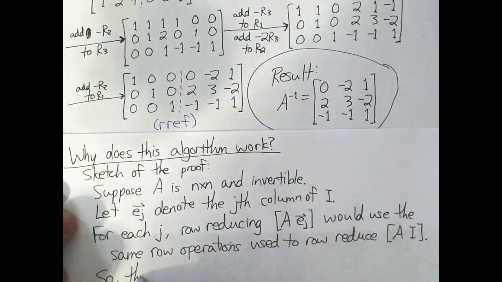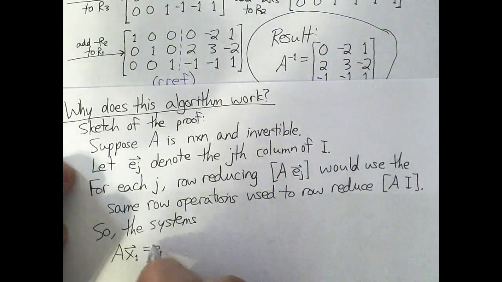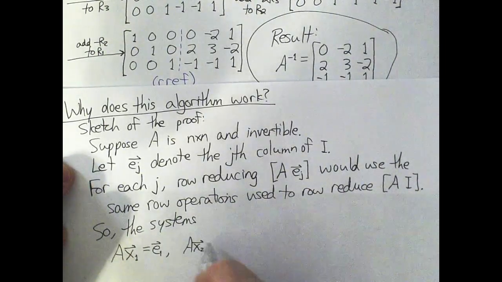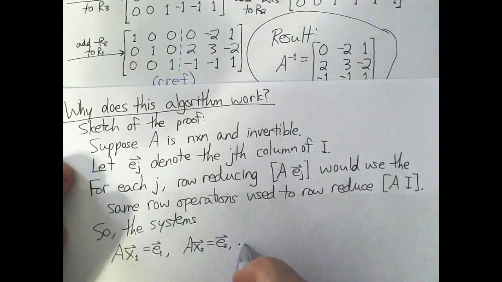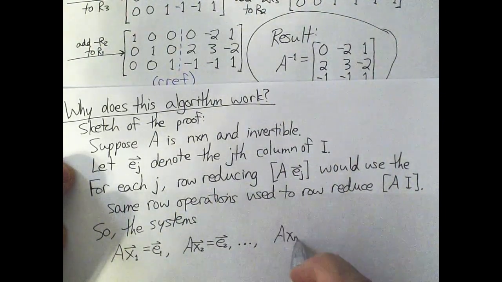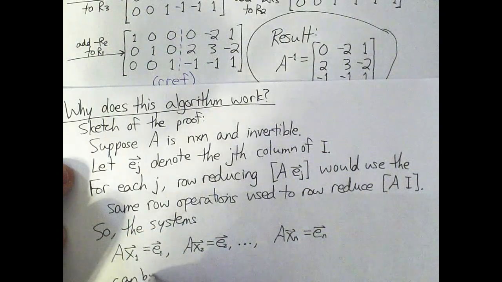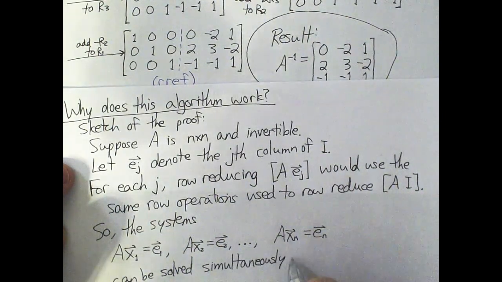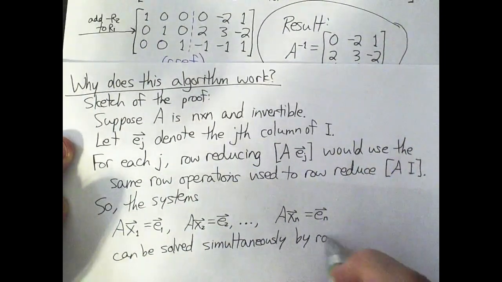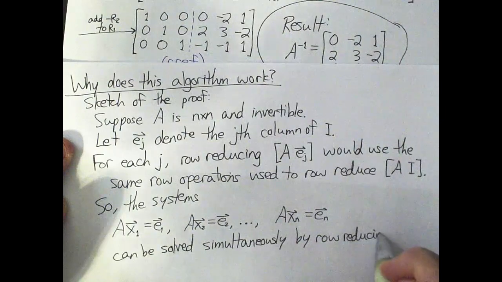Okay, so the systems AX1 equals E1, AX2 equals E2, all the way up to AXn equals En, can be solved simultaneously by row reducing [A | I].